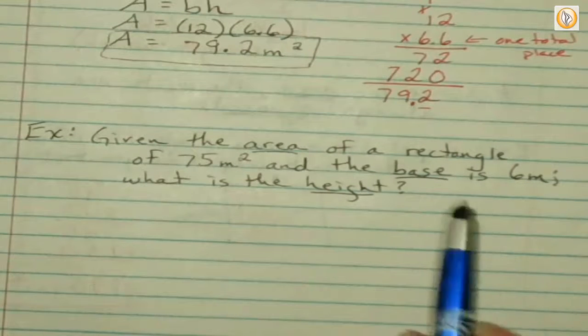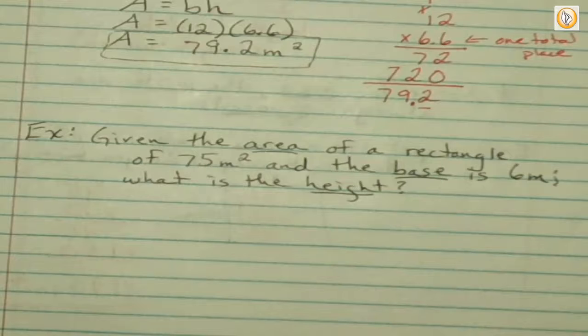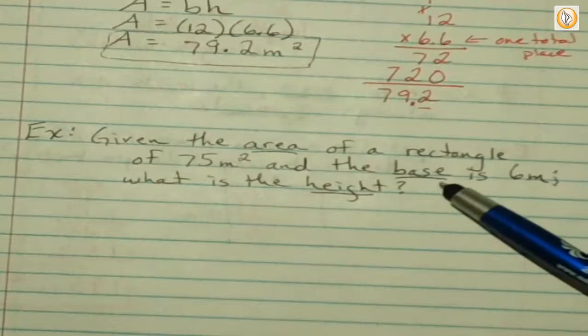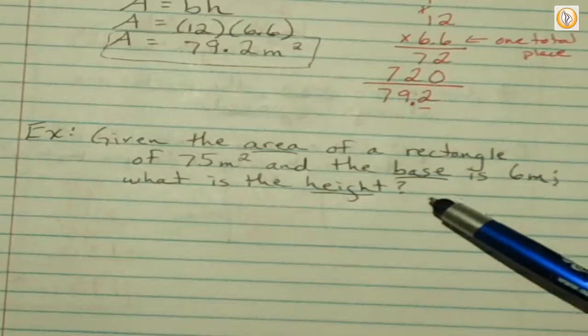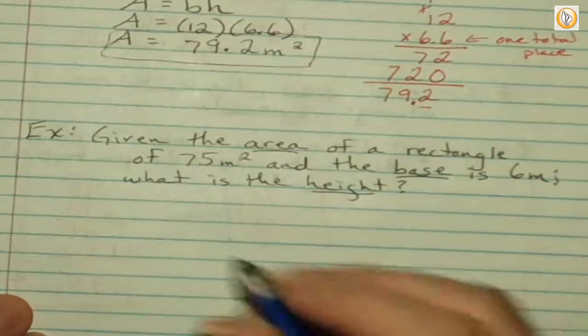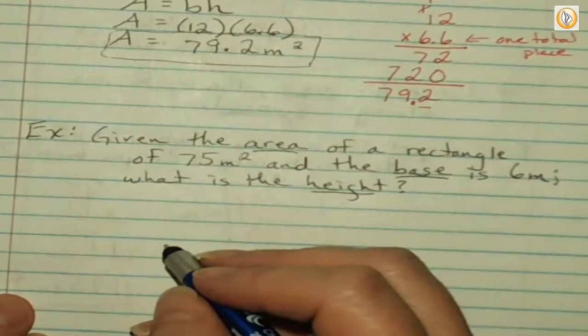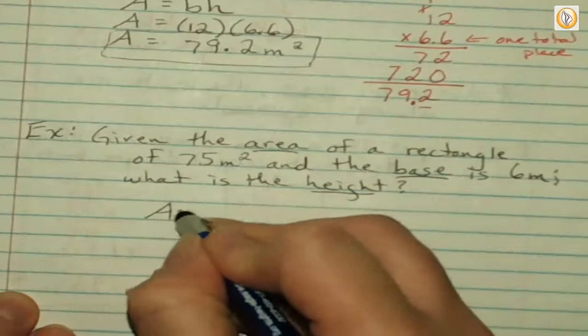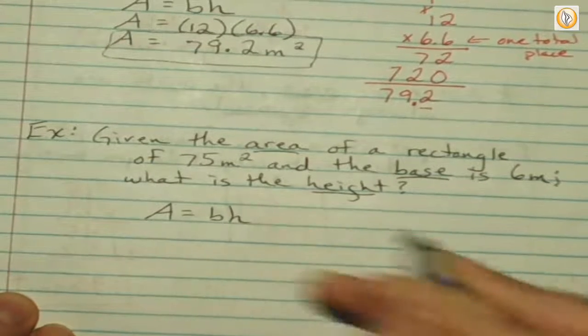When do I use length times width, or when do I use base times height? Well, if they talk about base and height in your problem, then that tells you right then and there which you're going to use. So which formula am I going to use? Area equals base times height.